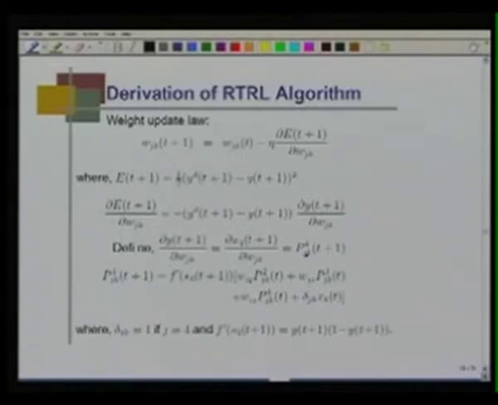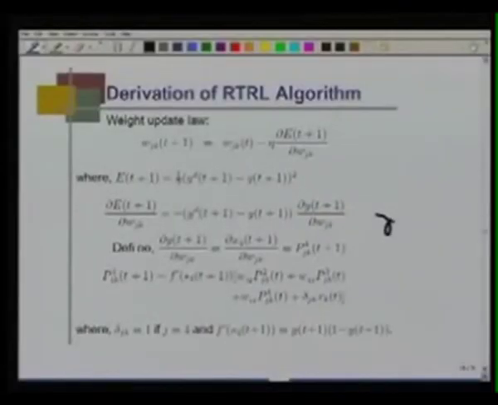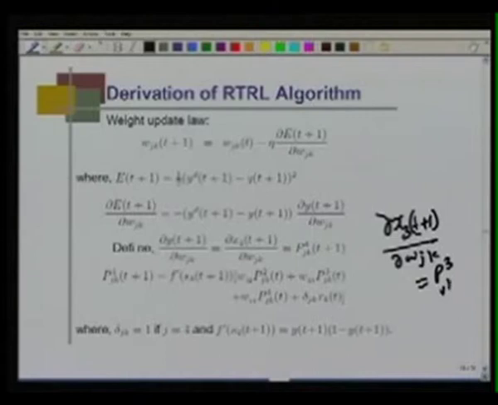Similarly, if I want to write del x3 at t plus 1 by del w_jk, it will be p3_jk at t plus 1. So, this is the way we define the gradient information, as usual, as we showed in the simple recurrent network with one neuron.